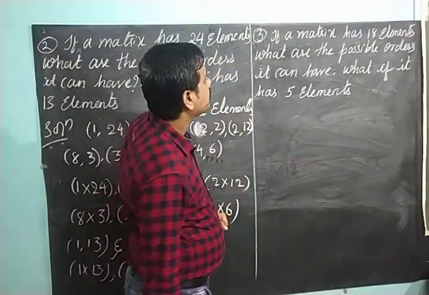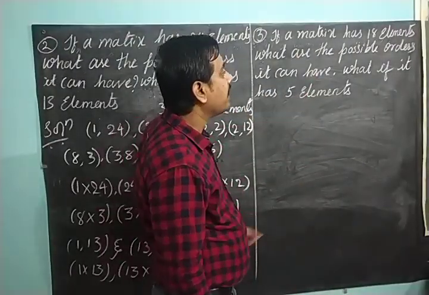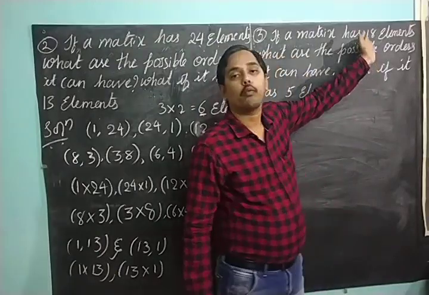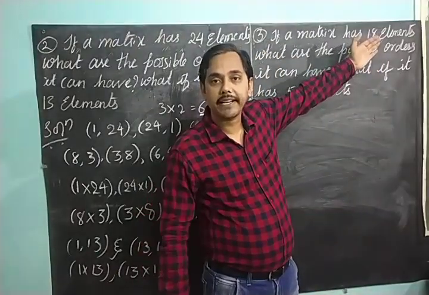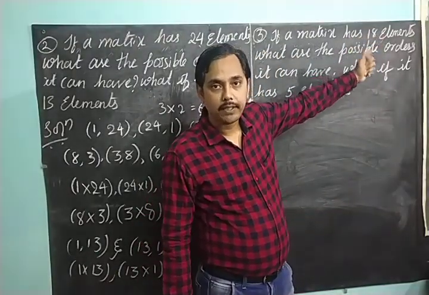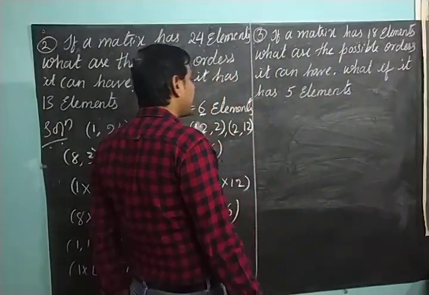Okay. So if the number of elements is 18, first and foremost we should find the factors of 18, right? What are the possible ordered pairs?